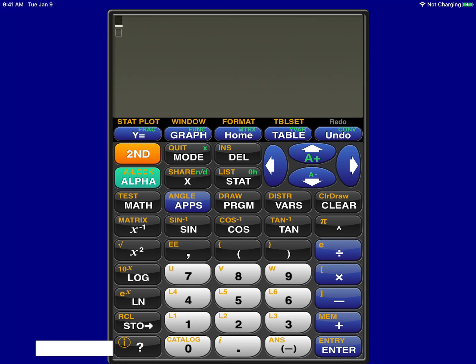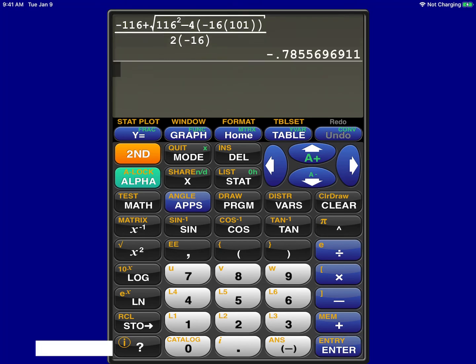So you can type in your numerator, which was negative 116 plus the square root of 116 squared minus 4 times a times c, arrow down, and do the 2 times a. Again, that is alpha y equals, so you can get your numerator and your denominator, and you can plug the entire quadratic formula into your calculator.